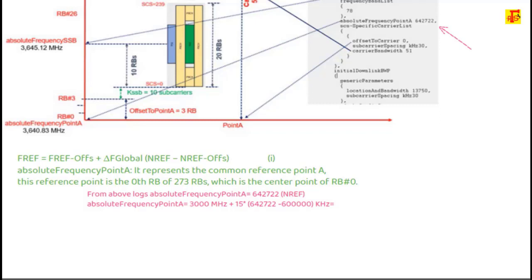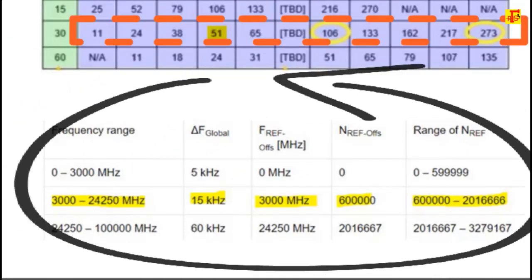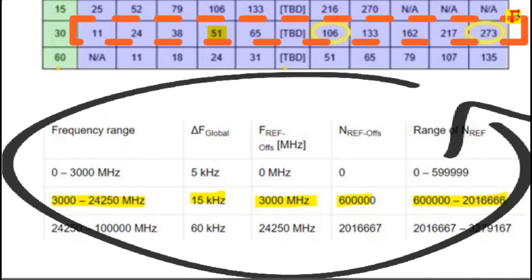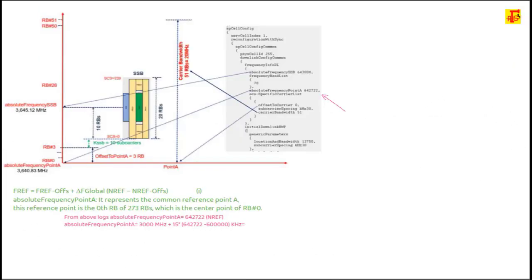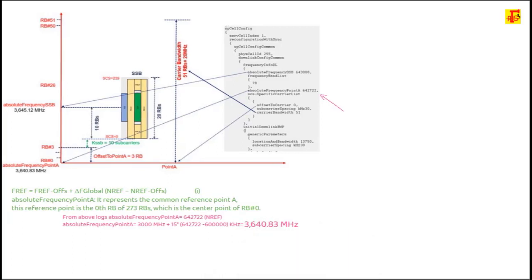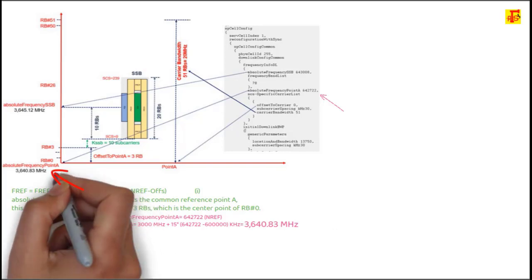What is nref value? 642722 minus nref offset, that is a reference point. So what is the reference point for this table, this spacing? That is this value, 600000. So you will put this value and you will find that this is the megahertz, 3640.83 megahertz, that is the absolute frequency point A.